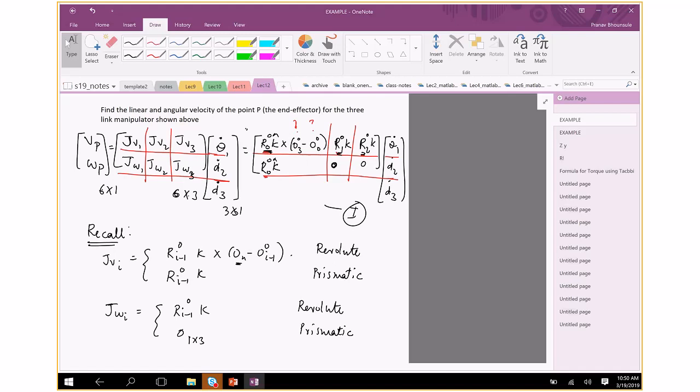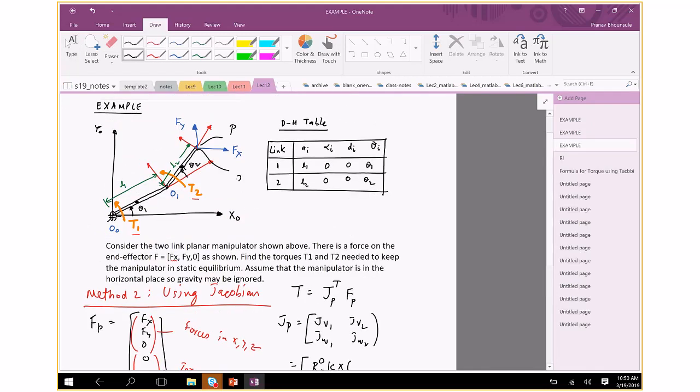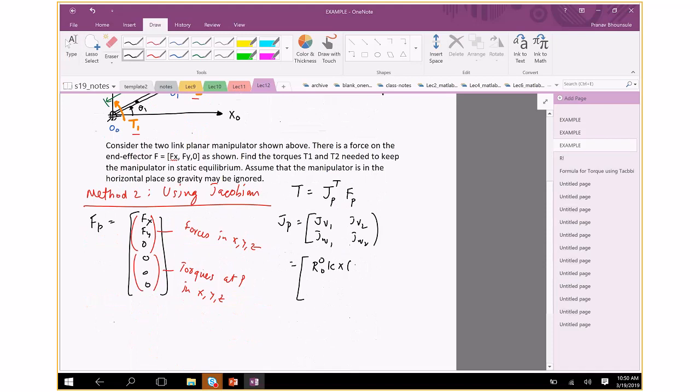I'm going to write that down next. R00 k crossed with the position of P, which is O20 minus O0. Another one is R10 k crossed with O20 minus O10. And then for the J omega, it's R00 k, R10 k.